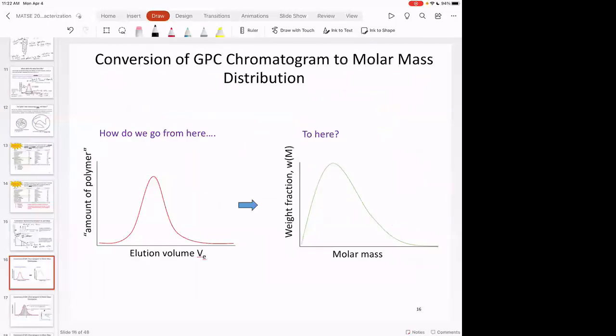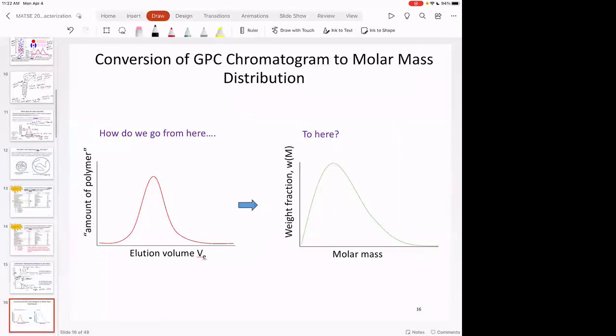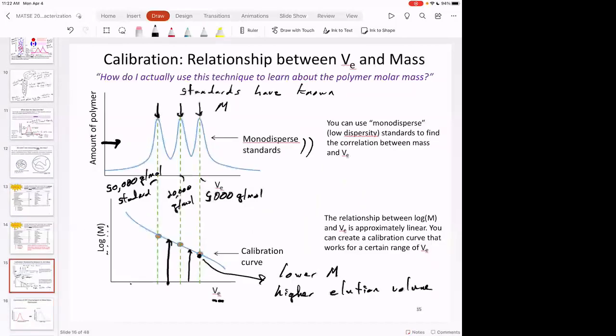All right. So what we do, well, let's back up to the calibration slide. So this is just amount of polymer versus elution volume. So that's the raw data off the instrument. Detector response versus elution volume, and you're measuring the flow rate, so you can figure that out. And these standards have narrow dispersity. They're usually made by anionic living polymerization.